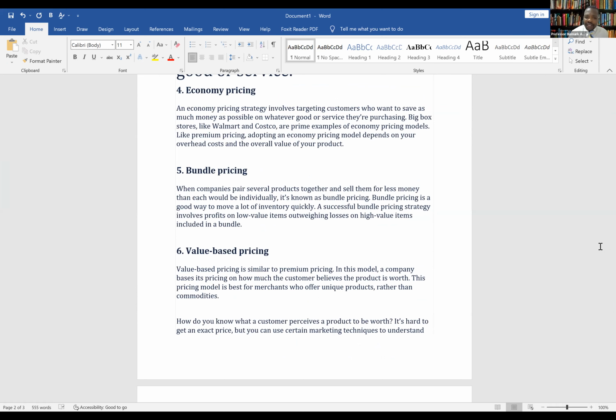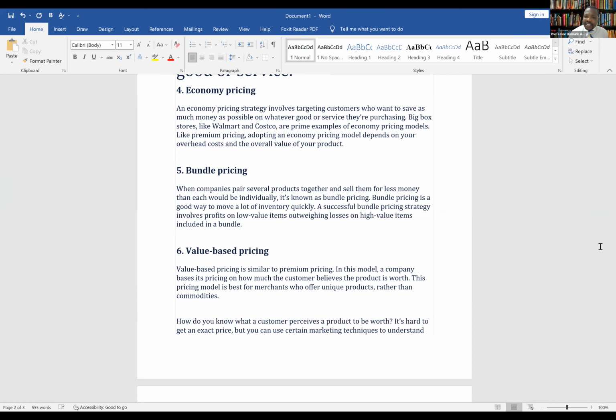When companies pair several products together and sell them for less money than it would cost individually, it's known as bundle pricing. Bundle pricing is a good way to move a lot of inventory quickly.